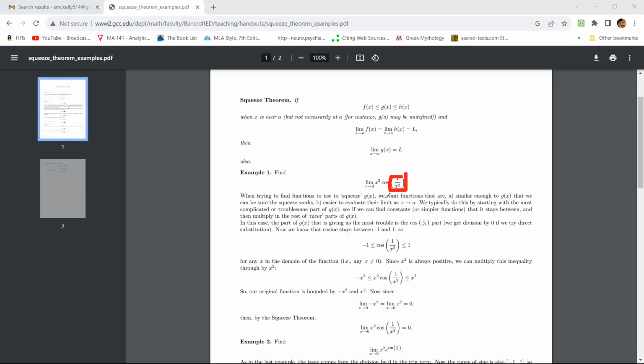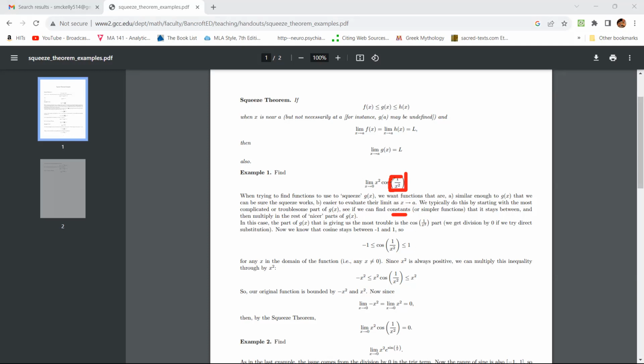So we typically do this by starting with the most complicated part and seeing if we can find constants or simpler functions that it stays between, and then multiply the rest of the nicer part of g of x. Now, that's a lovely explanation, but what the heck is it saying? What it's saying is this. This is ugly, we agree.